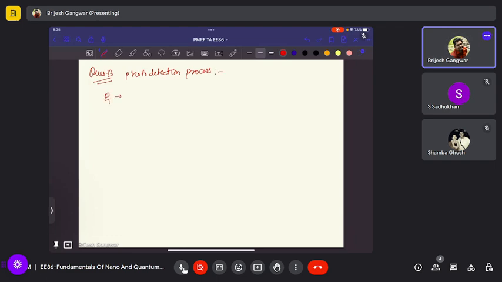E1 is triggering the release of more electrons. This is one process in between in the photodetection process. The second process is generation of a current pulse.